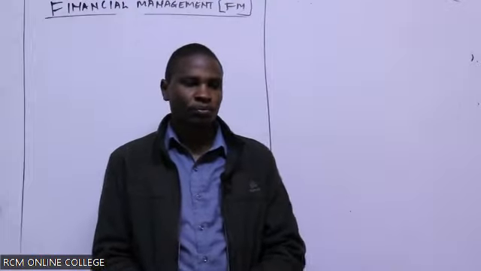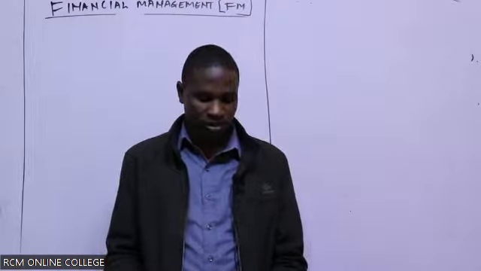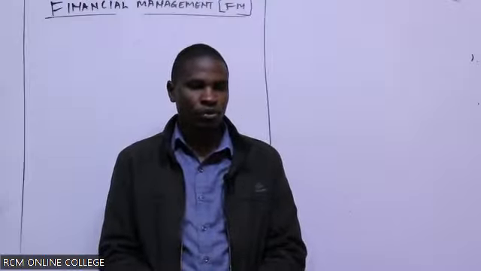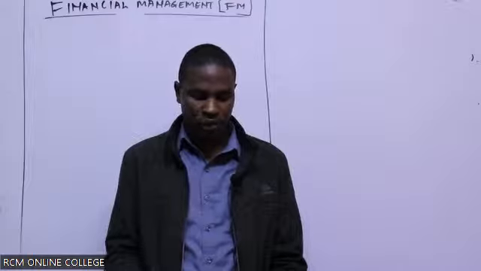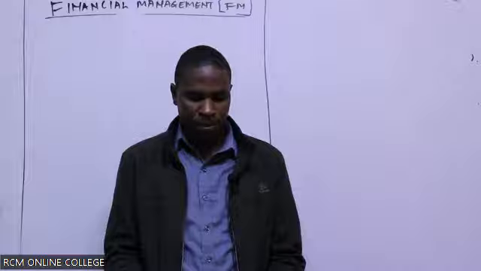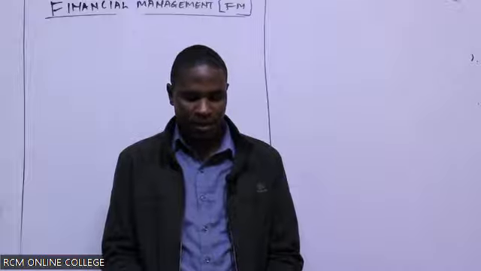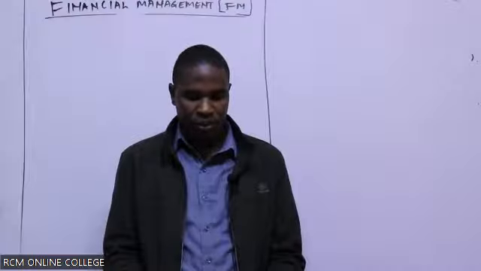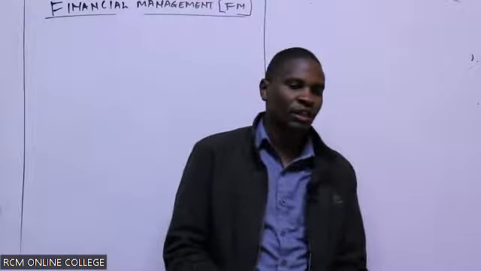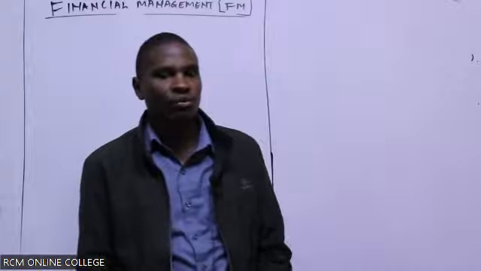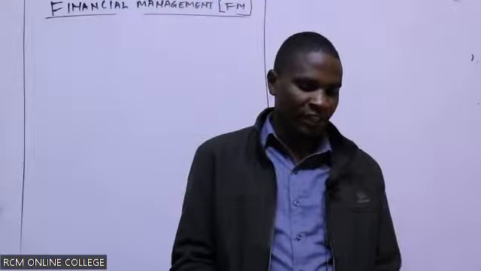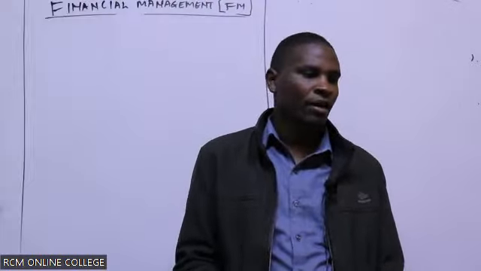Good. Now we need to look at this and see how we can handle it. The first thing they want us to have here is the break-even quantity of sales in units. How do we arrive at the break-even point?